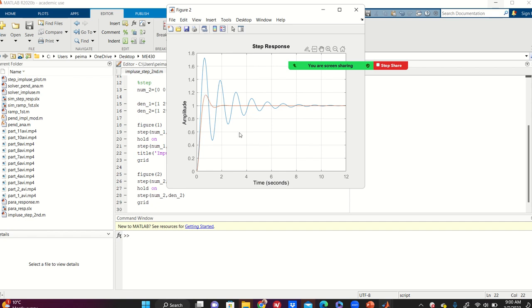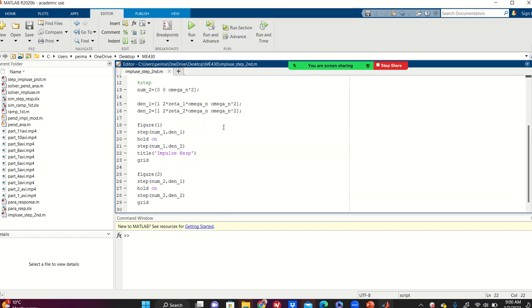Okay. So to validate whatever I taught you for modeling of physical systems, remember that we calculate the overshoot Mp as exponential of minus zeta 1 multiplied by pi divided by square root of 1 minus zeta 1 square.